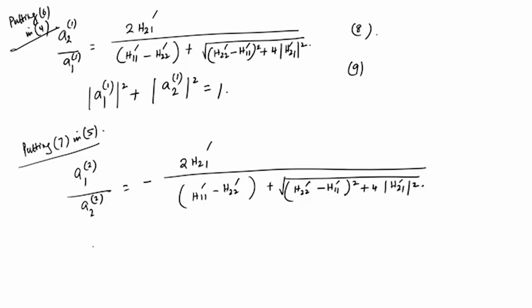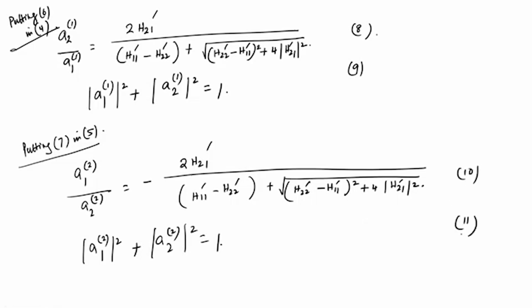And then again you have A12 mod square plus A22 mod square should be equal to 1, and these are equations 10 and 11.